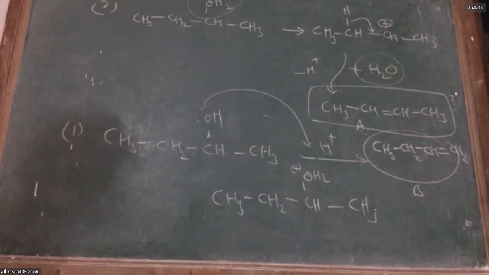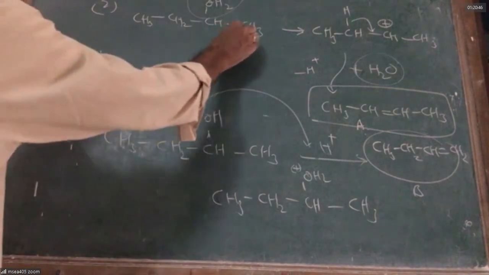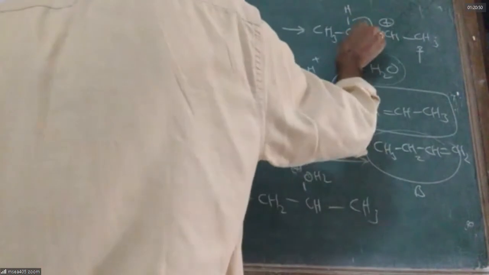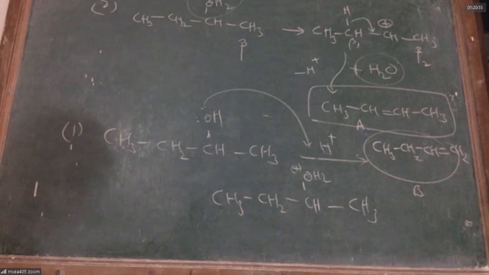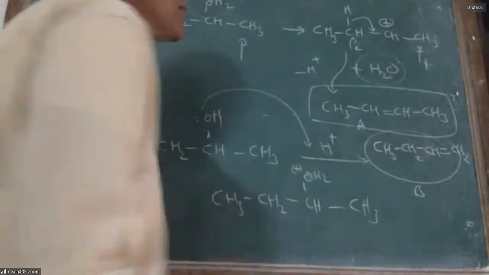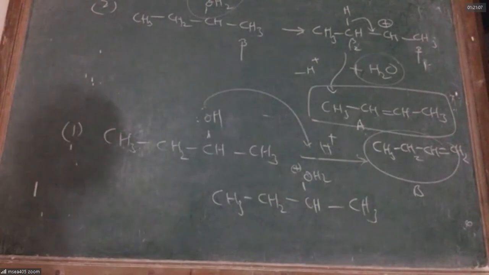In 2-butene, the hydrogen is eliminated from one of the 2 beta carbons to the carbocation. Out of the 2 beta carbons, 1 beta carbon has 3 hydrogens, 1 beta carbon has 2 hydrogens. Can you see it, sir? Yes. The first beta carbon has 3 hydrogens. The second beta carbon has 2 hydrogens. Whenever a carbocation has 2 beta carbons, the hydrogen is eliminated preferably from that beta carbon which has fewer hydrogens.